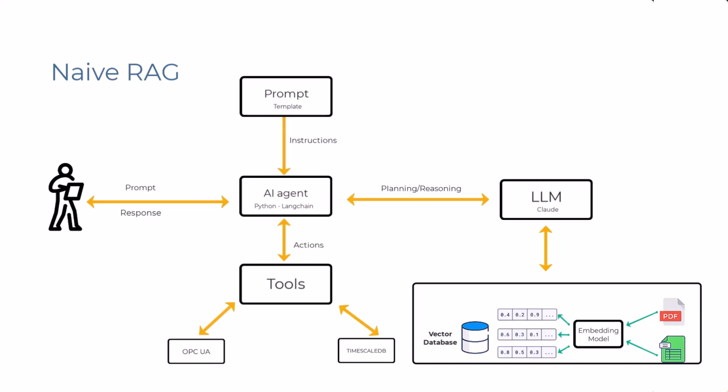It's like giving someone a stack of potentially relevant documents every time you ask them a question, whether they need them or not. With agentic RAG, and this is what we're building in this demo, we don't force the context onto the agent. Instead, we provide the RAG system as a tool that the agent can choose to use. The agent decides if and when it needs to search the maintenance documents.